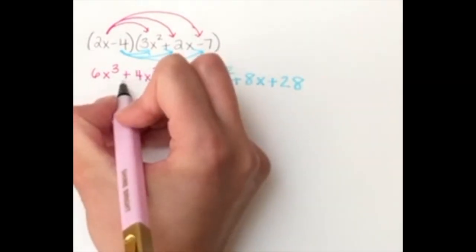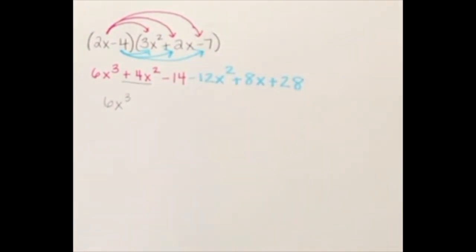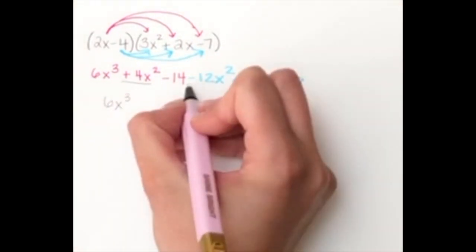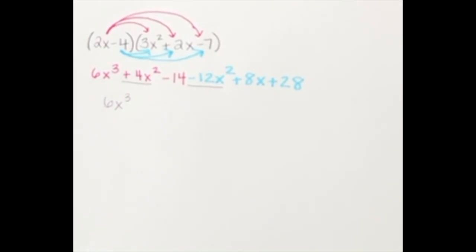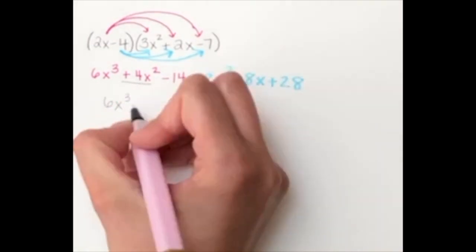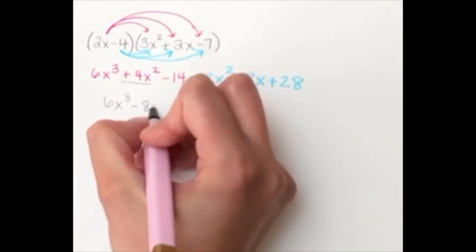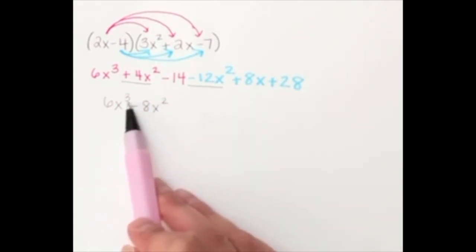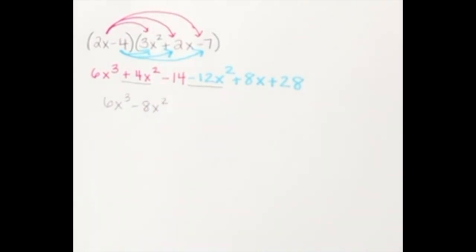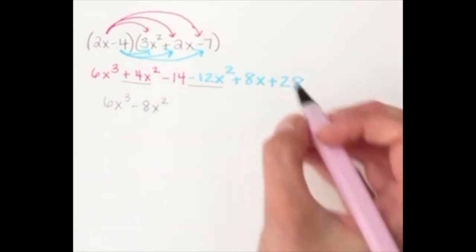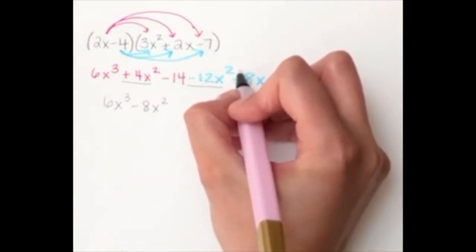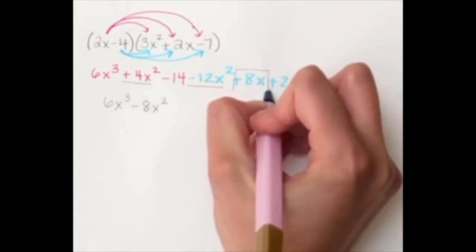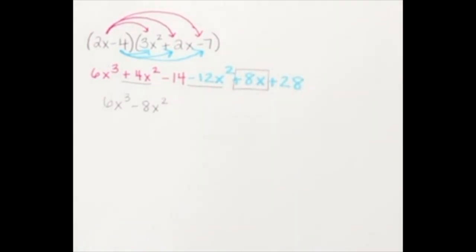I have positive 4x squared minus 12x squared. What would that be? Yep, negative 8x squared. Again, I'm writing that next because I know it's the next highest exponent that's going to come. Then I look at this and I see that I have just one term that has a plain old x in it.